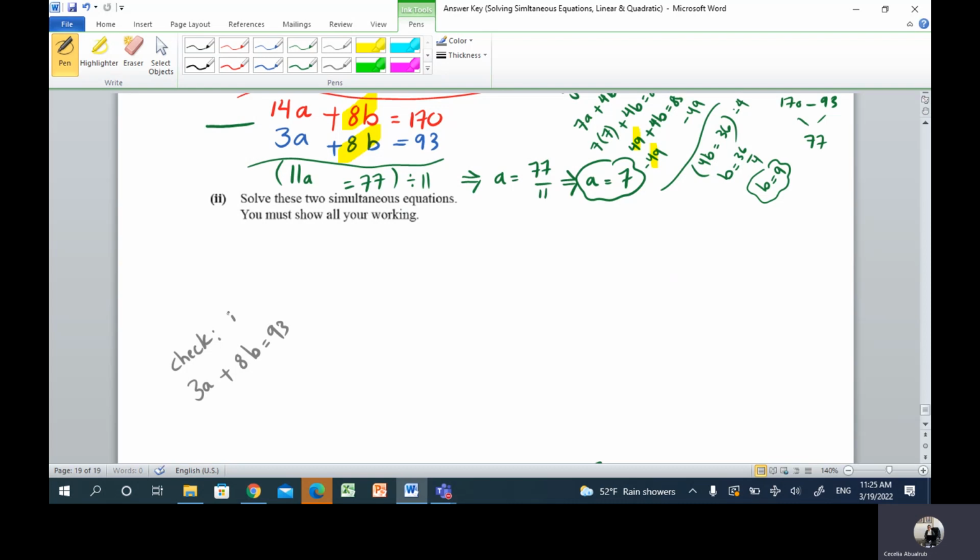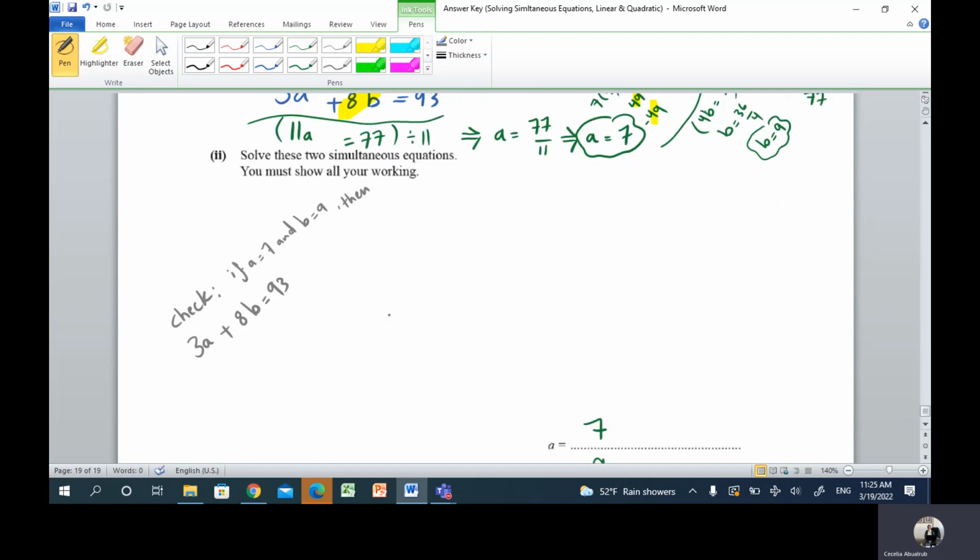And we're going to say here, if a is equal to 7 and b is equal to 9, then let's substitute the values of a and b. So 3a, it means 3 times a, so it's 3 times 7, plus 8b, it means 8 times b, so it's 8 times 9. Is it actually equal to 93?